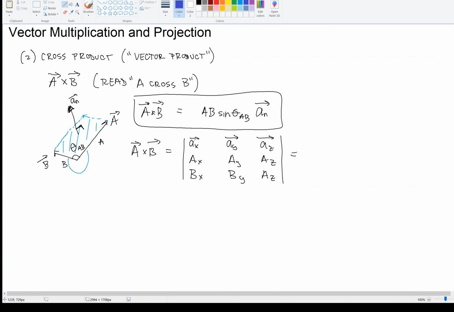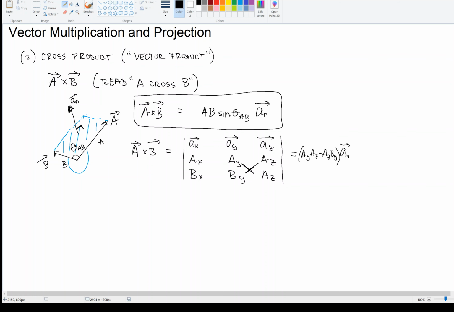So I'm going to ignore what's below AX, and I'm going to ignore what's to the right of AX. So I'm just going to write AX. So I'm considering AX right now. And then I multiply AY with AZ. And then I subtract this multiplication, AZ with BY.